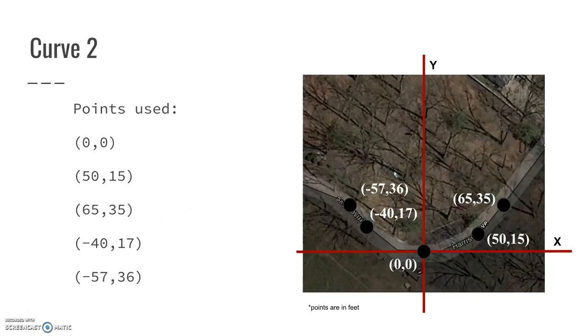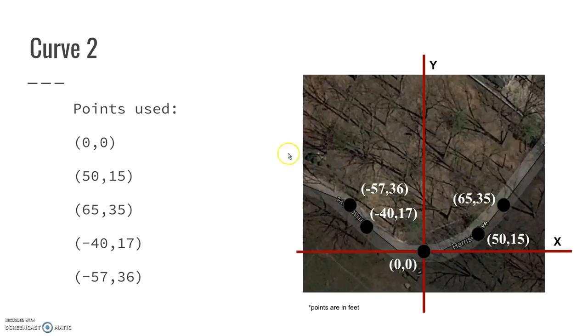Next, we move on to the second curve, which is the curve made by Harrison Avenue in the map. Once again, I was able to use the measurement tool given to me in Google Maps to find all my points, these points being (0, 0), (-40, 17), (-57, 36), (50, 15), and (65, 35).